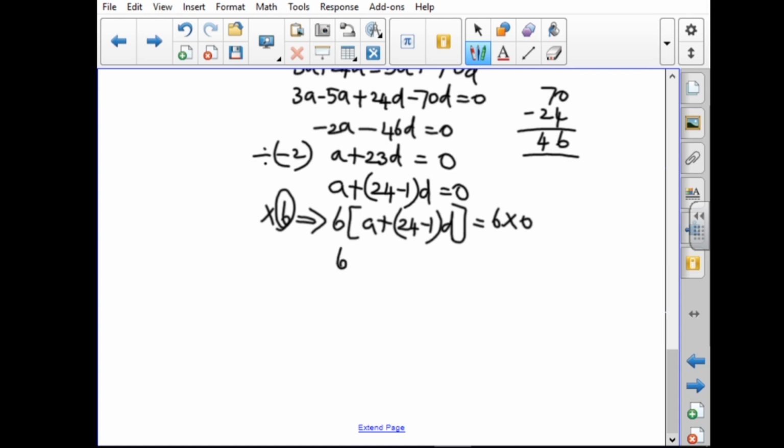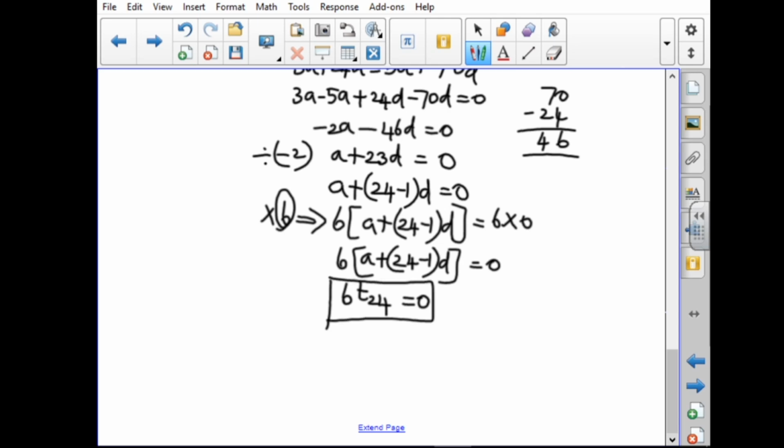That is 6 into A plus 24 minus 1 into D equal to 0. This is the 24th term. So T24 equal to 0. This is what we have to prove. Hence, therefore, 6 times the 24th term equal to 0.